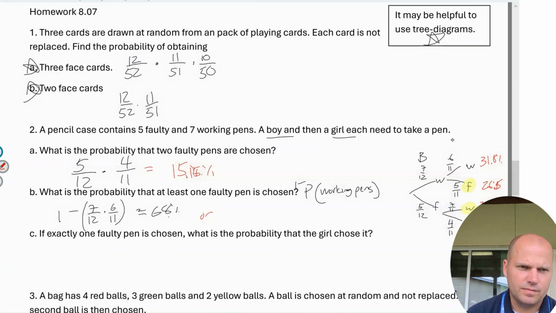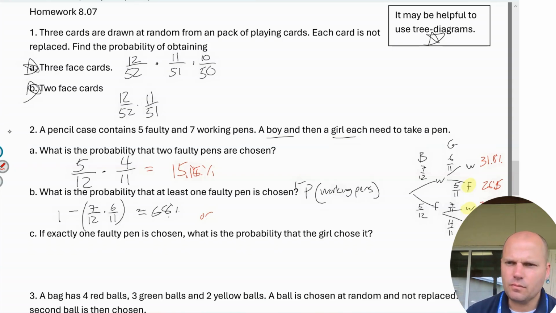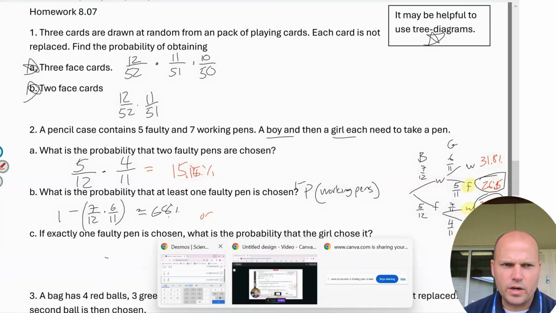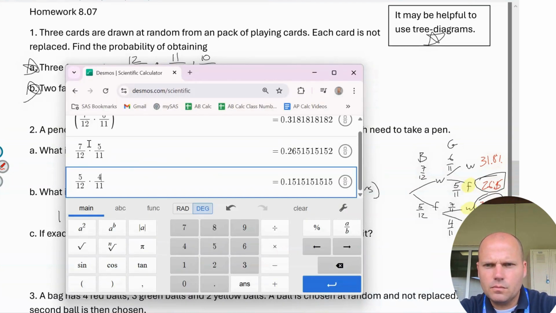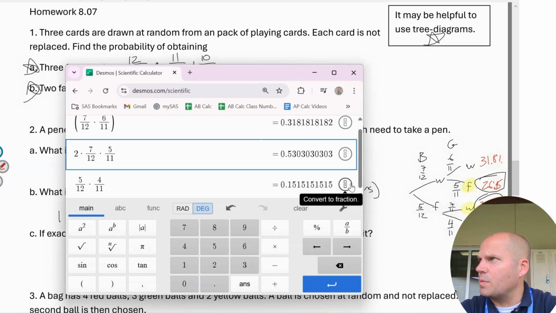It's a boy, then a girl. I mean, I think it's a 50% chance. Is it 50% chance? If one faulty pen was chosen, we got this many and this many. So that's 26.5 times 2, or 53% of the time.